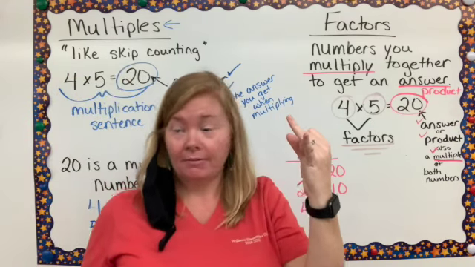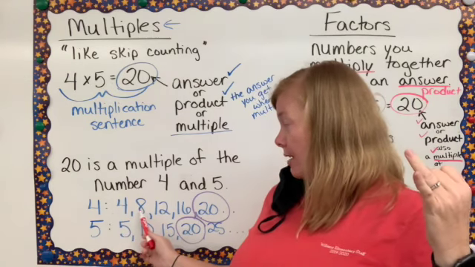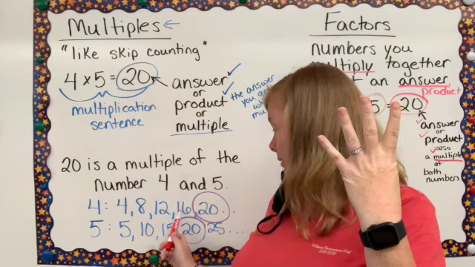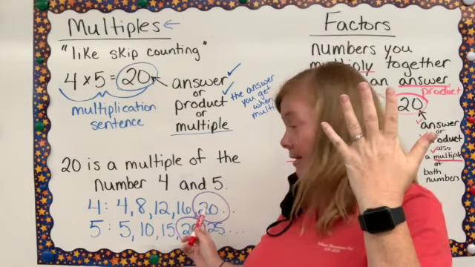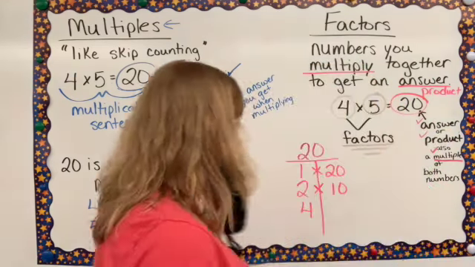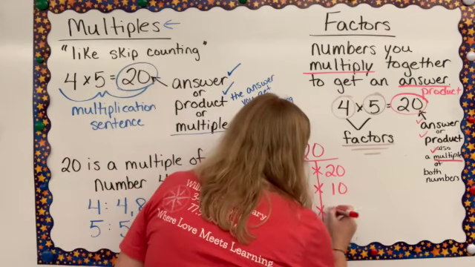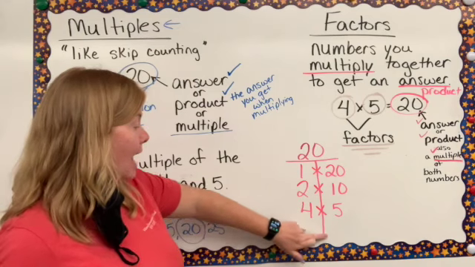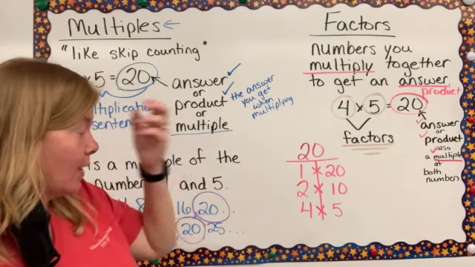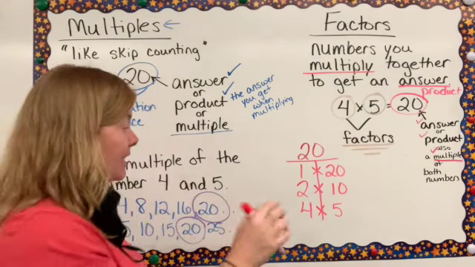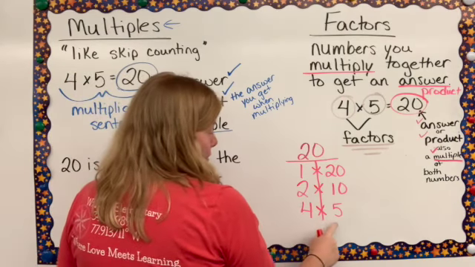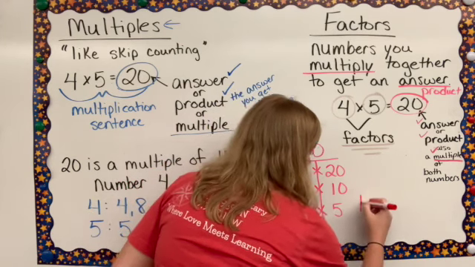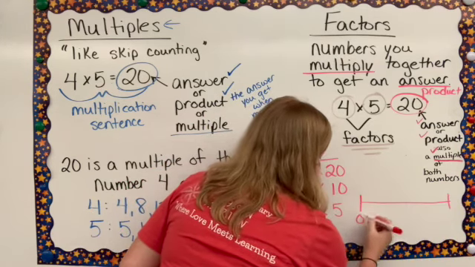4, 8, 12, 16, 20. So 4 times, perfect, 4 times 5. Now, something wonderful happens right here. Whenever you are doing it in order, what happens is, see how close these numbers are?